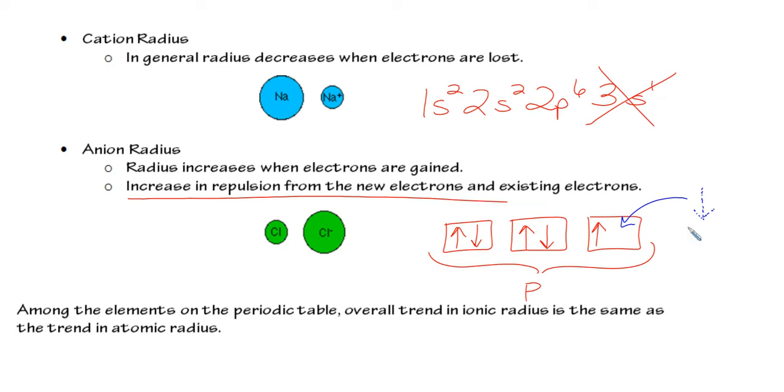So again, in general, cations, positive ions, are smaller than the original atom, and anions, negatives, are usually a little bit larger in radius than the original atom. And these trends follow on the entire periodic table, which we'll look at in the next video.